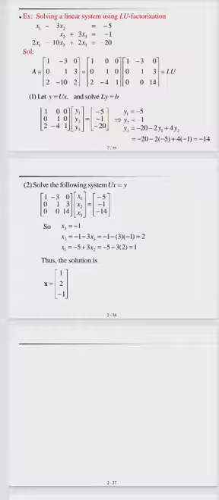So the solution is x1 = 1, x2 = 2, x3 = -1. That is the solution.